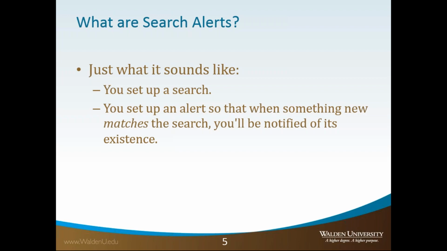So you do a search, you like your search results, and then you set up an alert so that if something new gets published or gets added to that database, an article gets added because it's new, or it's new to that database, hey, it matches your search, and then the database will just automatically notify you that that article exists. Hey, this matched your search, it's new, we just got it, there you go. So you don't have to keep going back into a database and doing the same search over and over again.